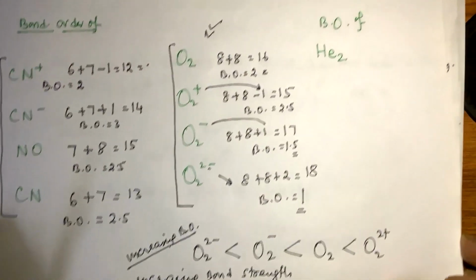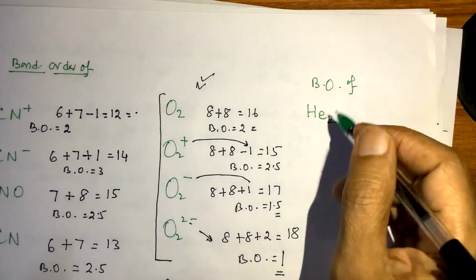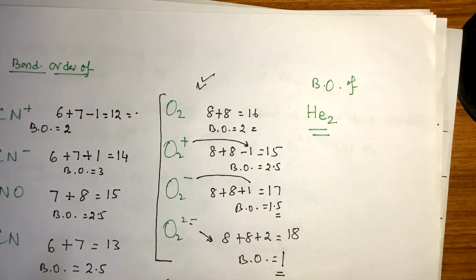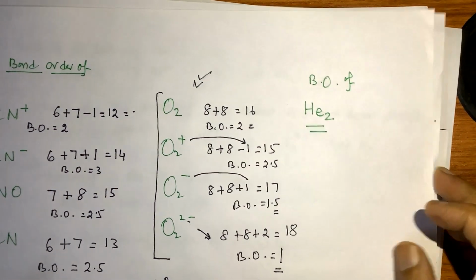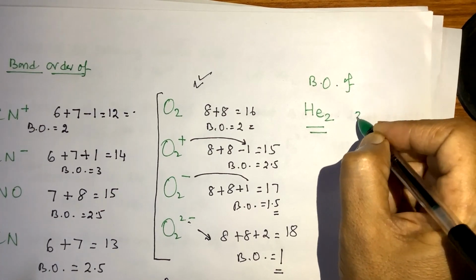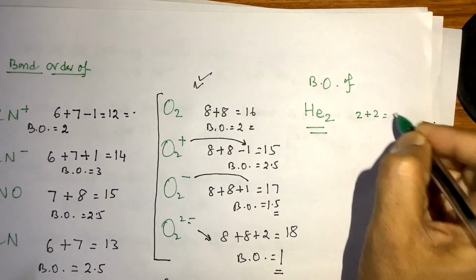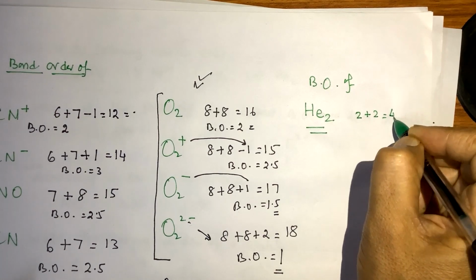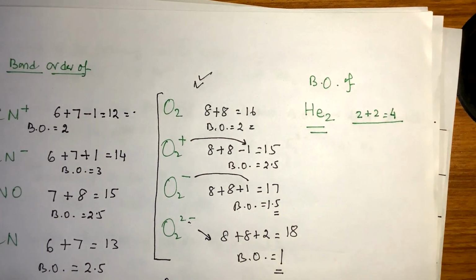Now we calculate the bond order of He2. See, for He2 the number of electrons is 2 plus 2, which is 4.